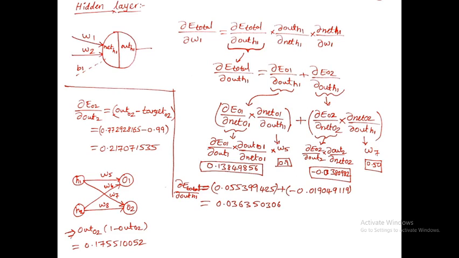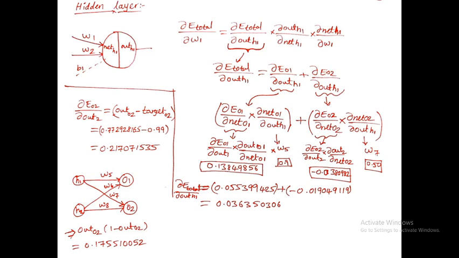So what is the other term beside the ∂E_o2/∂out_o2? It is ∂out_o2/∂net_o2. ∂out_o2/∂net_o2 is nothing but, if you see the derivation of the backpropagation algorithm in the last but one class, I think the 20th lecture, we have seen the derivation of the backpropagation algorithm, right?